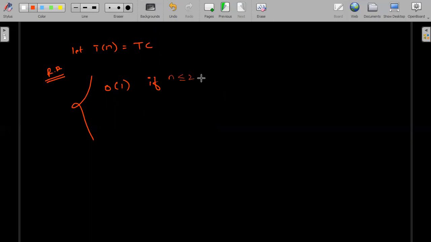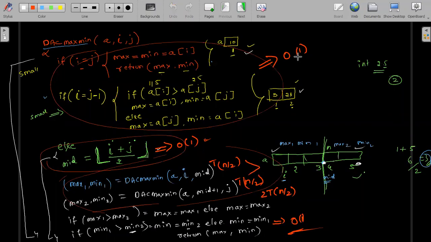Otherwise write like this: 0 less than n less than or equal to 2. Like this also you can write. And we have seen that, yes or not? See, big O of 1, here also big O of 1, here also big O of 1, here 2T(n/2).